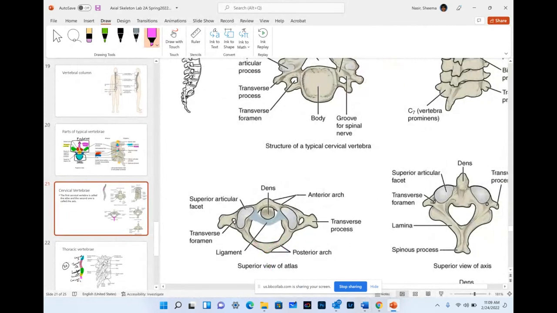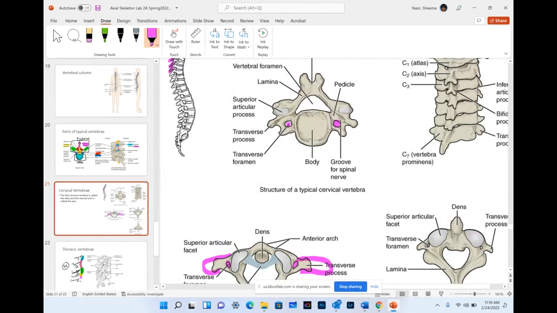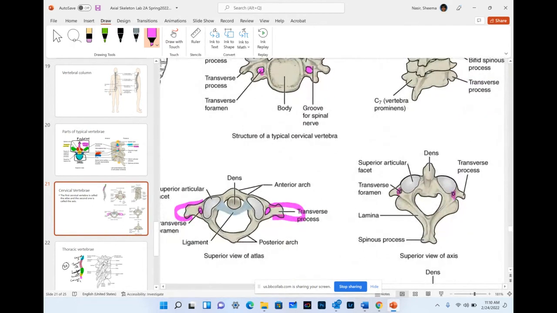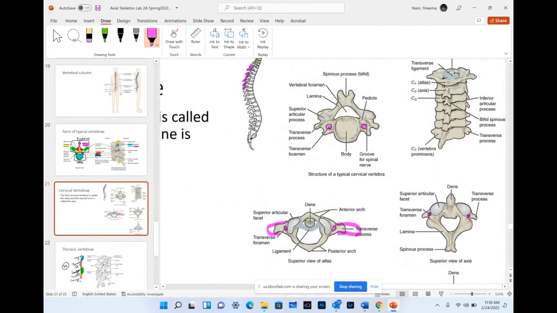So this is transverse foramen, meaning foramen in the transverse process. Foramen in the transverse process. All of them have foramen in the transverse process. And that is why they will be called cervical vertebra, number one.